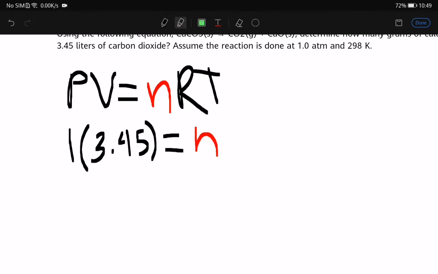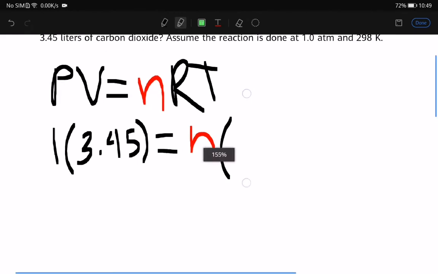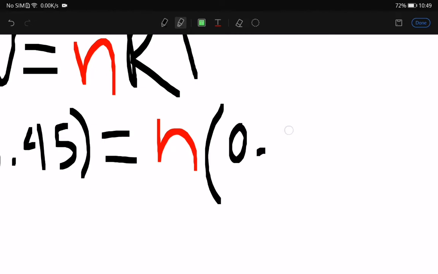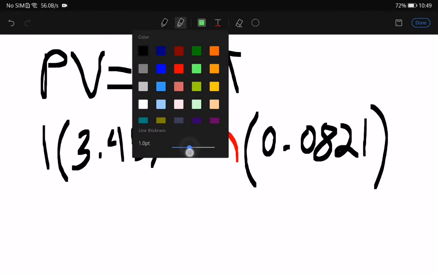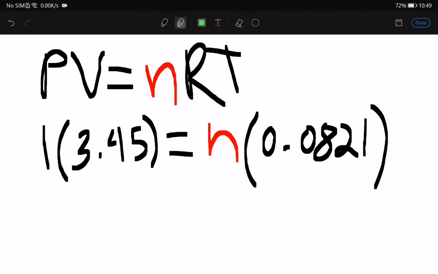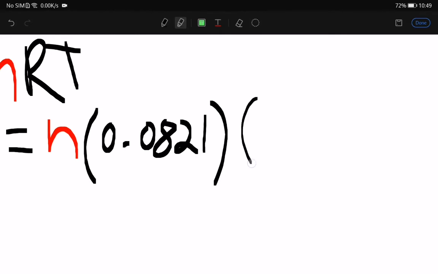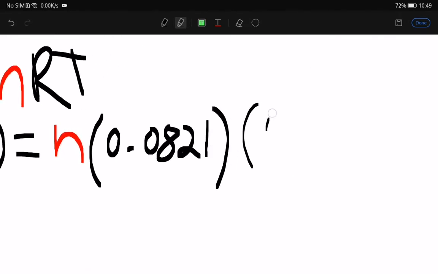Ang gas constant if the value is liter atm per mole Kelvin, it's 0.0821. And your temperature is 298 Kelvin.